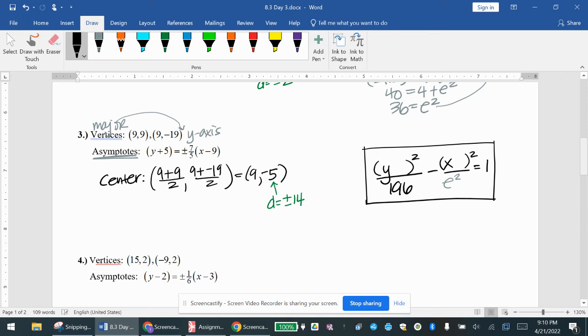So somewhere along the lines, there's enough information that they gave me for me to be able to find e. Now, that's where you're going to use the slope, okay? So notice that they gave you a slope of 7/5, okay? So slope is rise over run, change in y over change in x, okay?